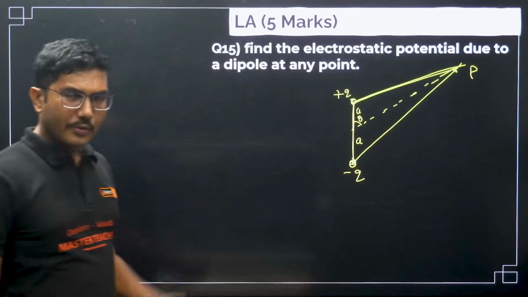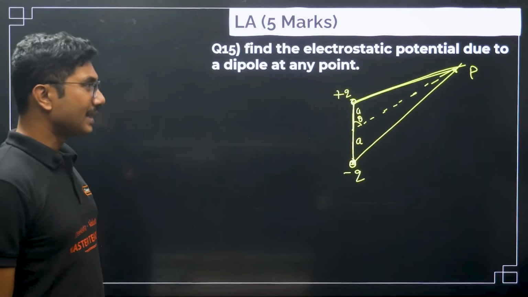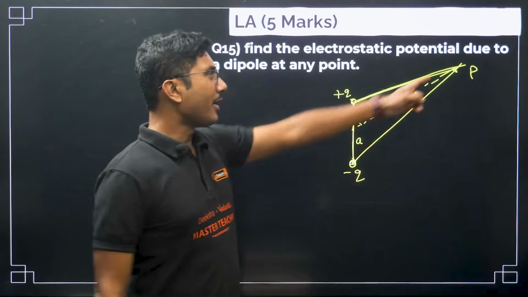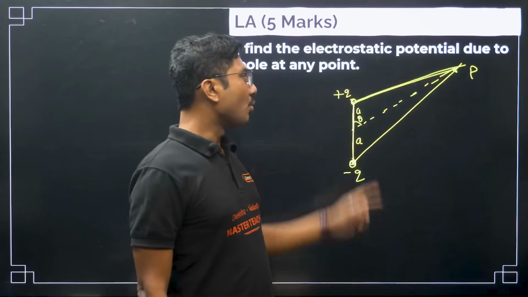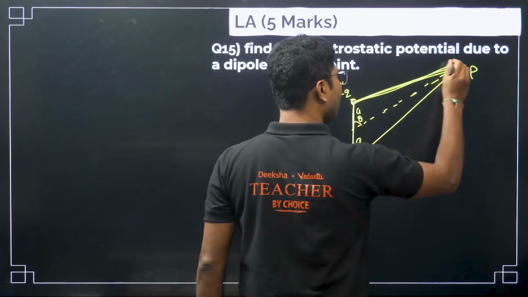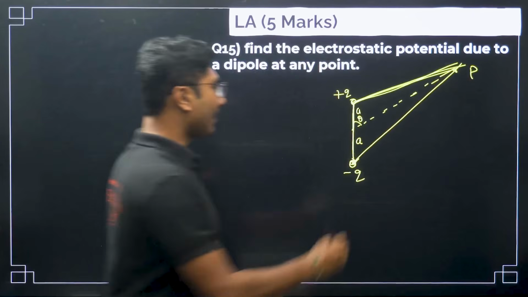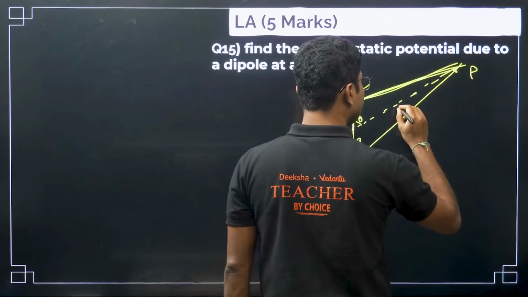Now just be careful what you have to do in this particular case. Remember that the point is oriented randomly, so from one side the distance is smaller, from the other side the distance is larger. Then we always measure the distance from the center of the dipole.